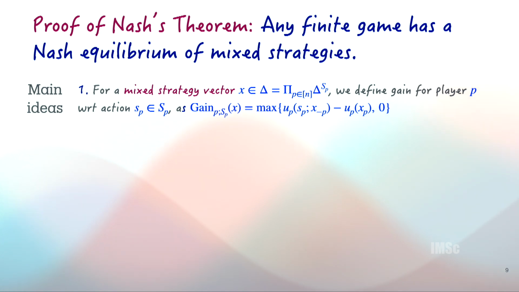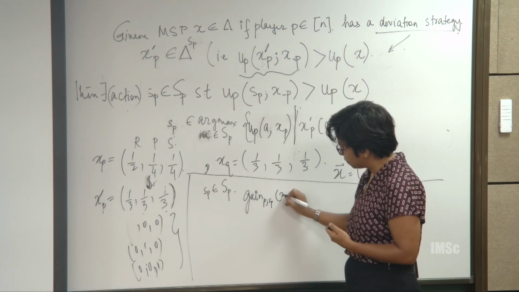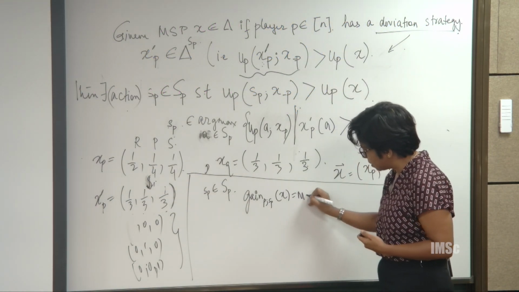So, small sp is an action in the action space of player P. Gain is defined with respect to this mixed strategy profile x, with respect to this player and this action sp. This is max.